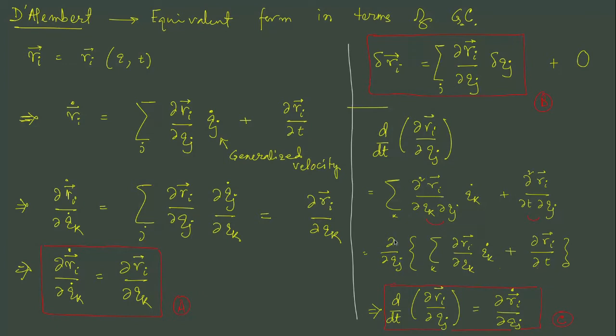We can carry out the derivative with respect to qj later. If we rearrange the terms inside, then it is del Ri del qk times qk dot, and then del Ri del t. This is nothing but Ri dot. So d/dt of del Ri del qj gives us del del qj of Ri dot. This is also another important relation. We call it C.